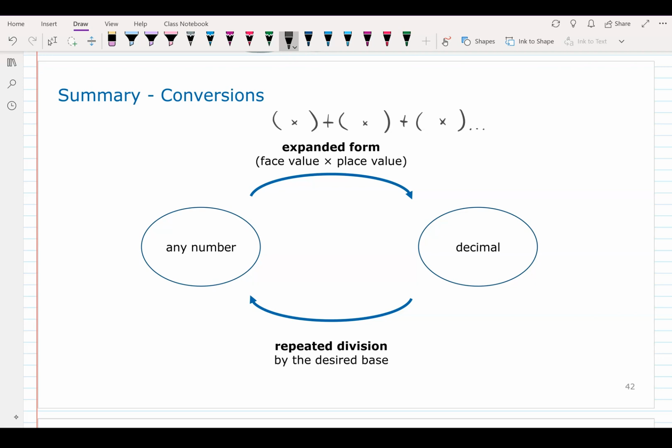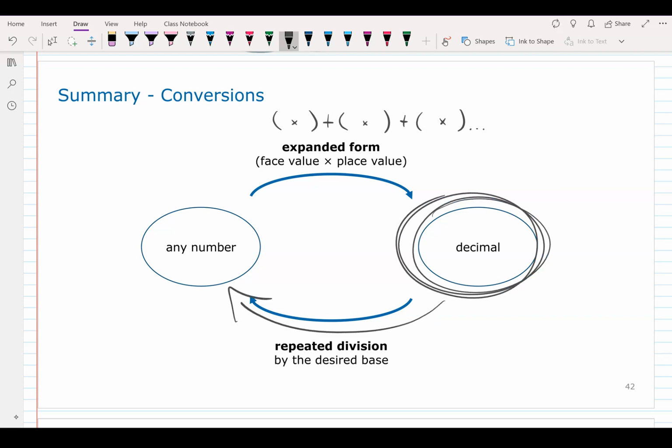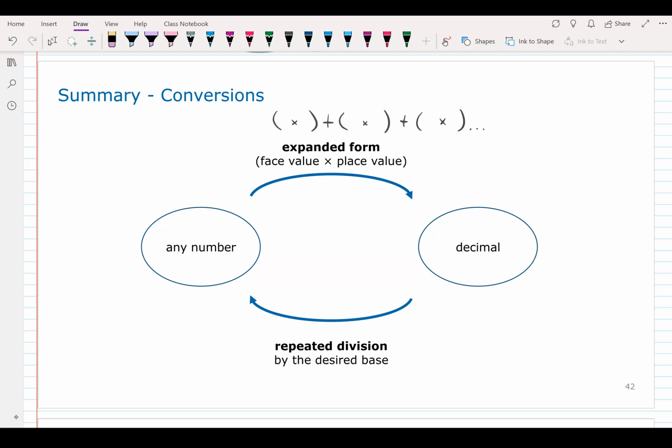That process, expanded form. Repeated division is if we want to go from a decimal number back to some number in another base, we do repeated division by the desired base. So you divide by 8 over and over and over again, or you divide by 16 over and over again, and you keep track of the remainders. All right?